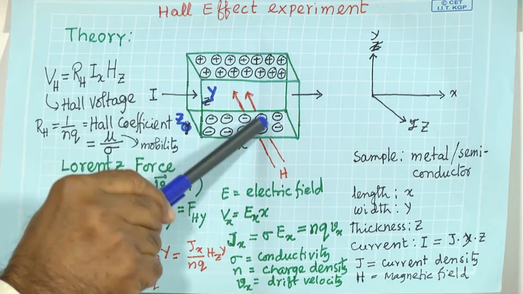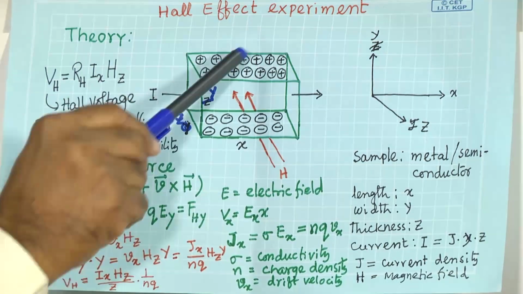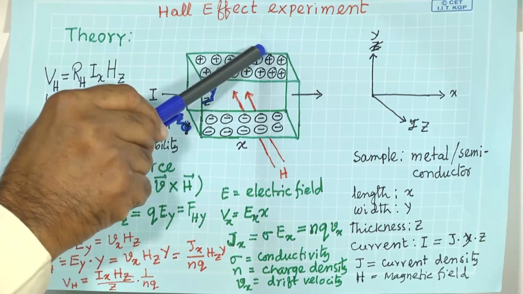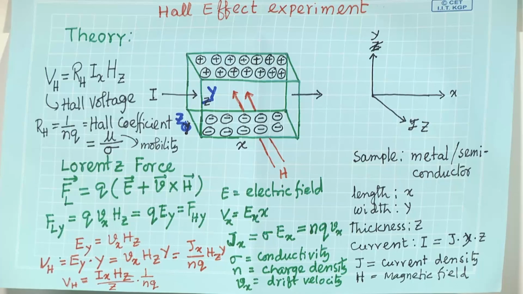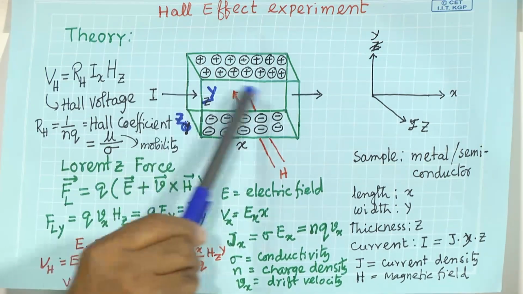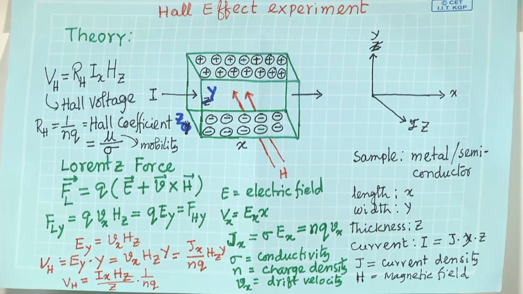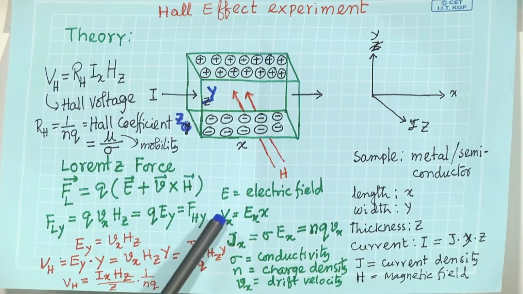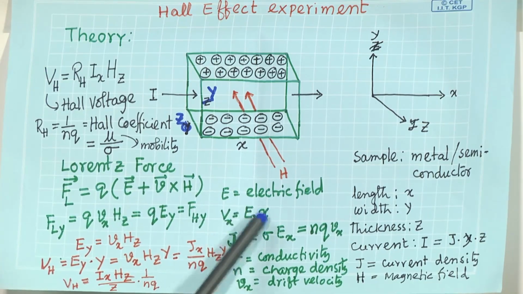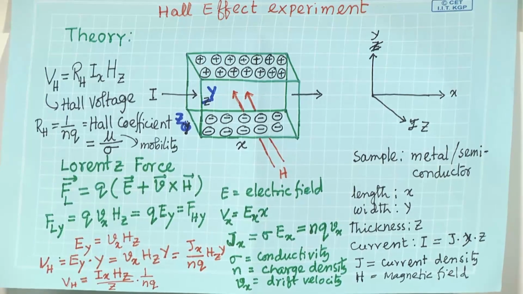So there will be a voltage along this. Voltage will develop along this y direction. This voltage is basically the Hall voltage. Okay. So here you know that along the x direction current is flowing. Due to the electric field Ex along the x direction, it is not the whole electric field.